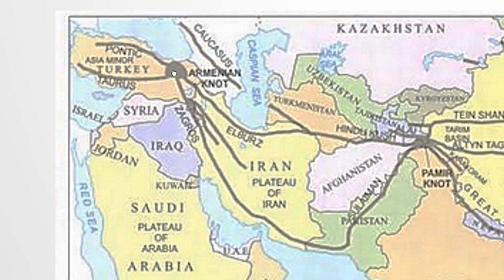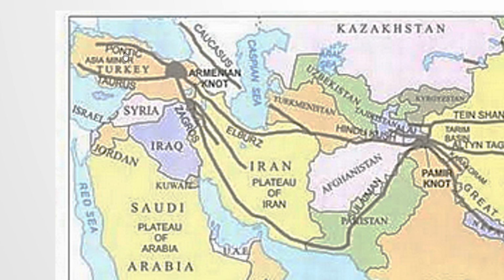Here we have another nodal point, which is known as the Armenian knot, from where several mountain ranges radiate. To the west, there are two very important mountain ranges, namely the Pontic and the Taurus.